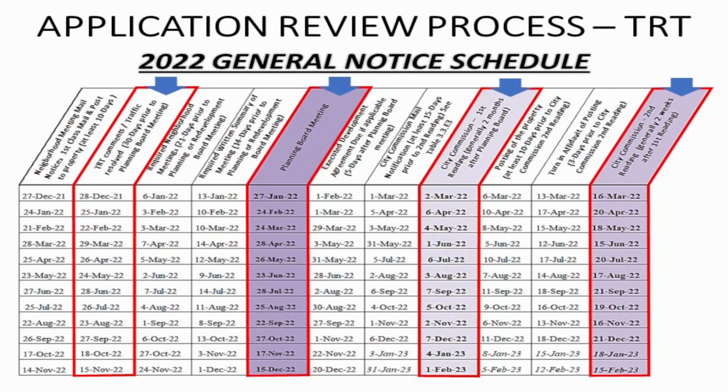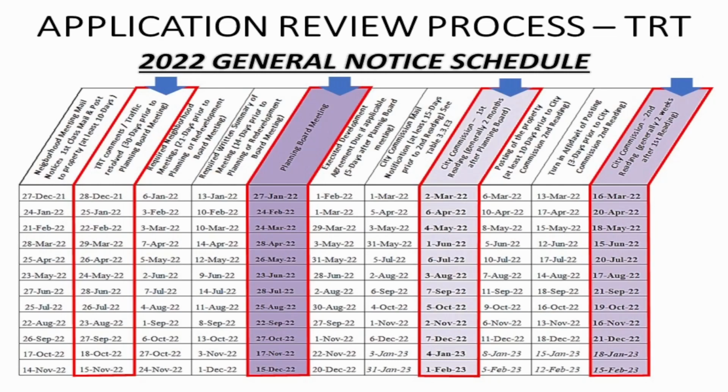So we don't schedule any applications for public hearings until all outstanding comments are resolved, and that is required to occur at least 30 days prior to the scheduled hearing date that they are intending to appear on. And then obviously the planning board and city commission dates based on the type of application are outlined for them based on the timelines that are required for us to prepare our agenda packages. So I wanted to go back to the previous slide.